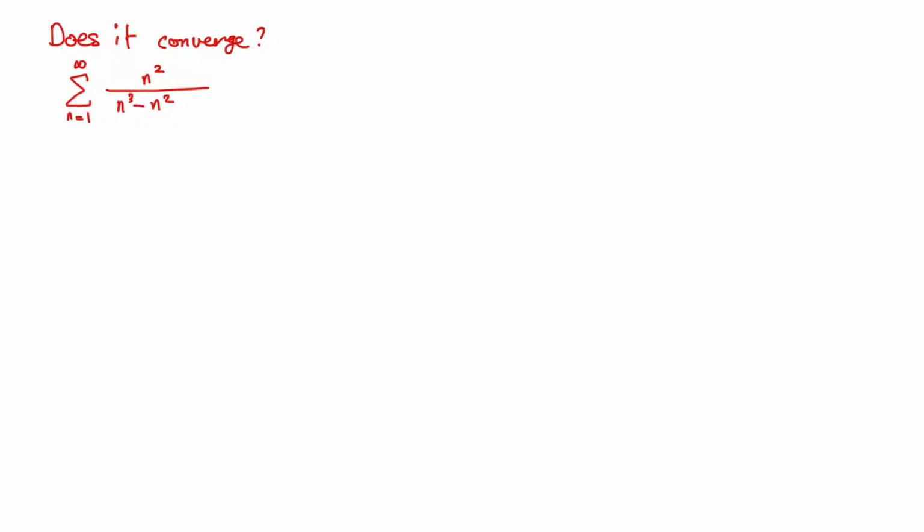We'll first start looking at the highest degree of the numerator, which is 2, and the denominator, which is 3. That would give us 1 over n. So then we will let sequence A equal n squared over n cubed minus n squared, and sequence B equal to 1 over n.